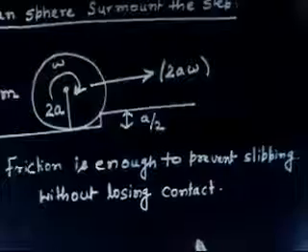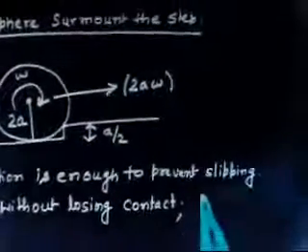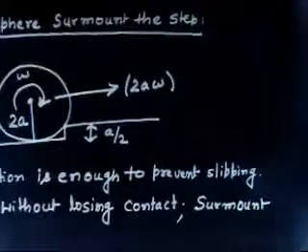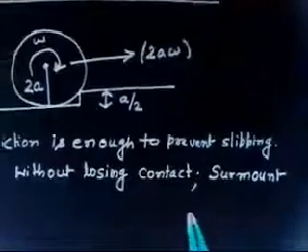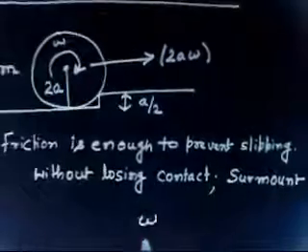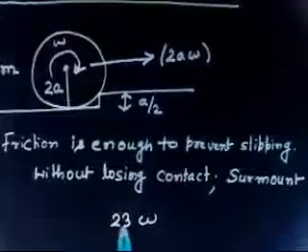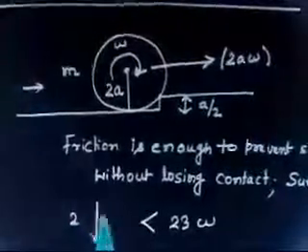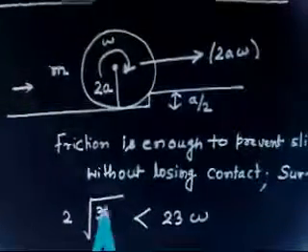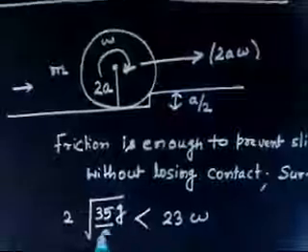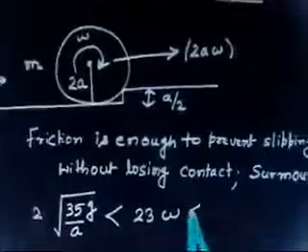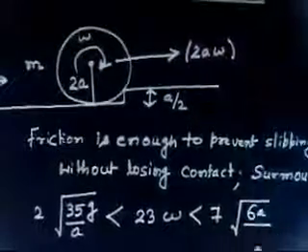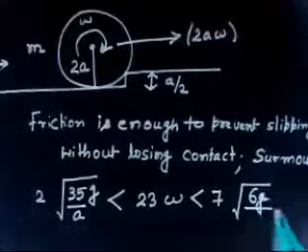Without losing contact, it can surmount the step if 23 omega is greater than 2 times under root 35 g by a, and this should be less than 7 times under root 6 g by a.